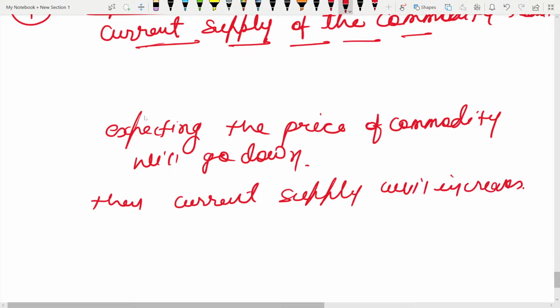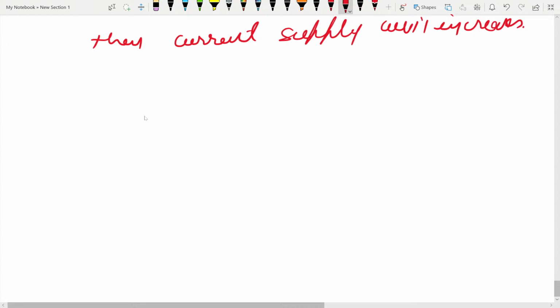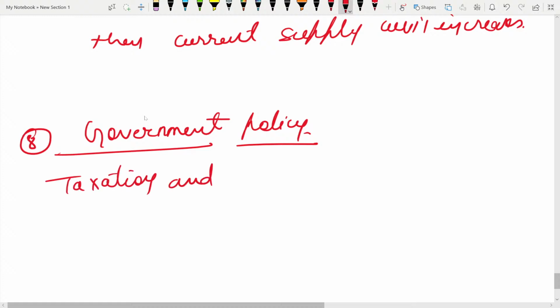Okay, so in this way we can say. The last one, government policy. So we all know that taxation and subsidy.